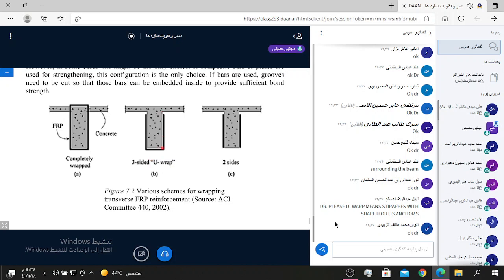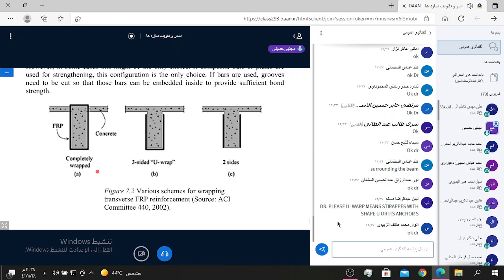Okay, U-wrap, and in here two sides. But figure A is better because you can confine the concrete and it will have ductility.